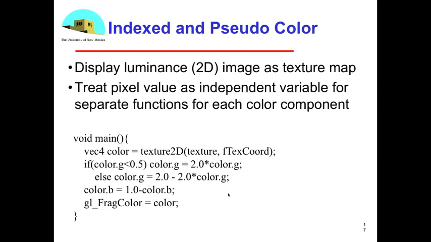So I do some kind of processing to the red image, some other processing to the green, and some other processing to the blue. Then, rather than always having red, green, and blue be the same for a given fragment, they're now going to be different. So here's one that simply does something symmetrically about the halfway point.